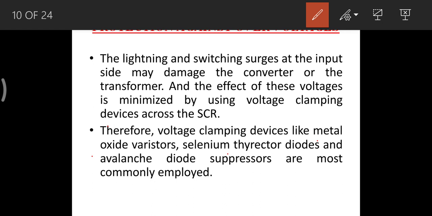Generally we use the voltage clamping devices across the SCR to protect it from lightning and switching surges. Very high voltages are generated during these lightning and switching surges.